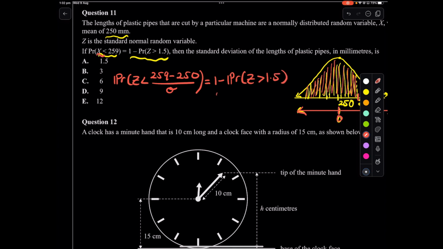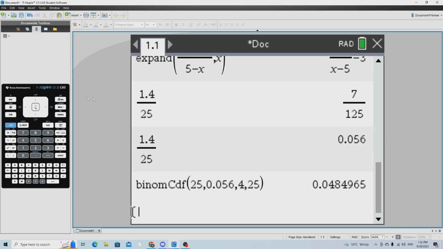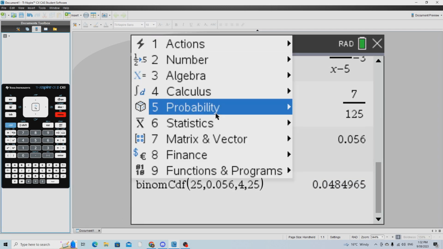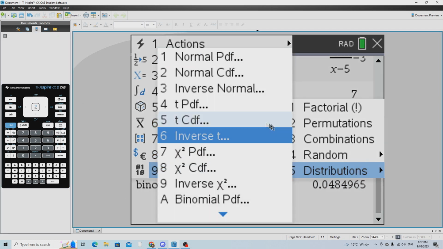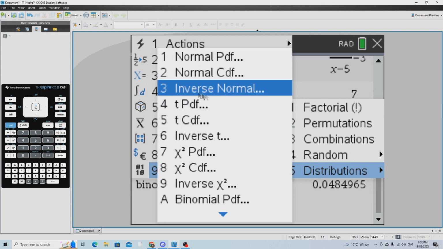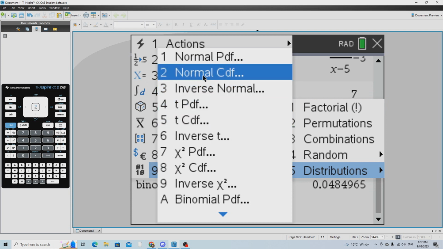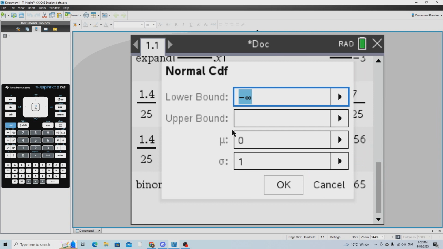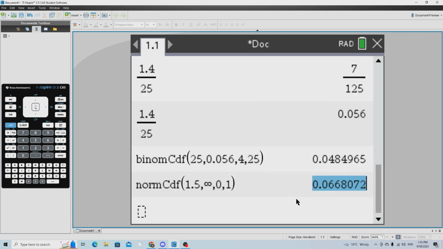Now let's try to find this. This is very easy. On your calculator, go to menu, probability, distributions, normal CDF, and say your lower bound is 1.5 and your upper bound is infinity. It's the standard normal distribution, so it has a mean of 0 and a standard deviation of 1. And we get this ugly value over here.